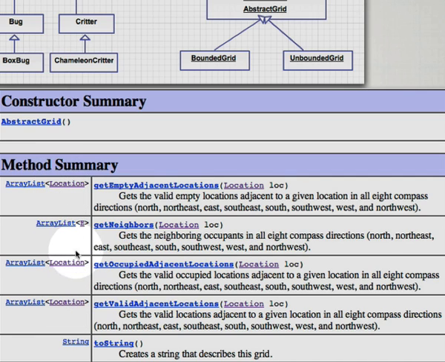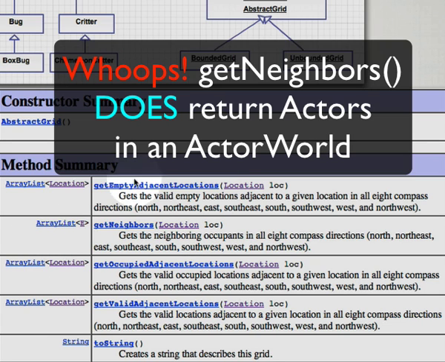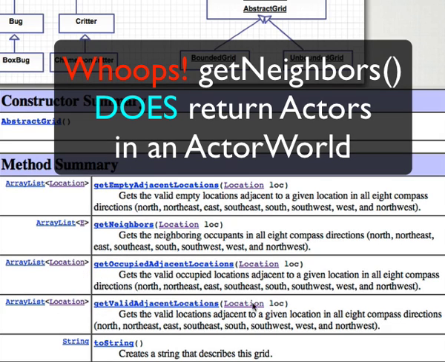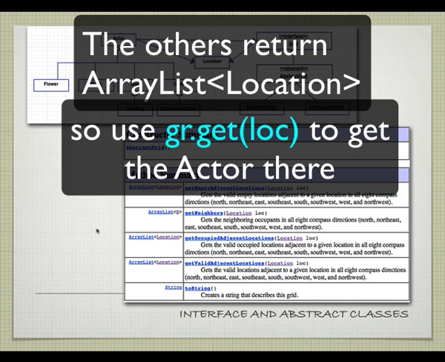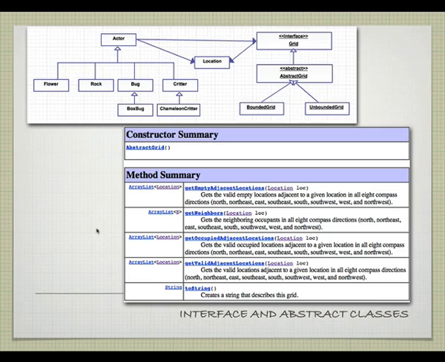So even get neighbors returns locations. So it's very important to remember that a lot of these grid things all work by location, not by what actors are there. Instead, after you know the location, you can use the grid's get method to get that instance of whatever actor or object it might be in that location.